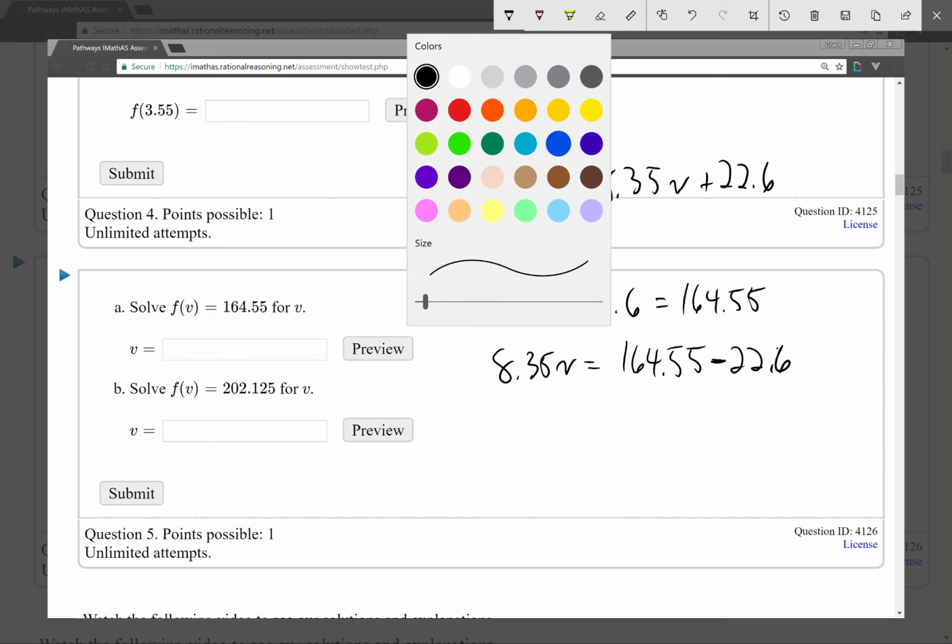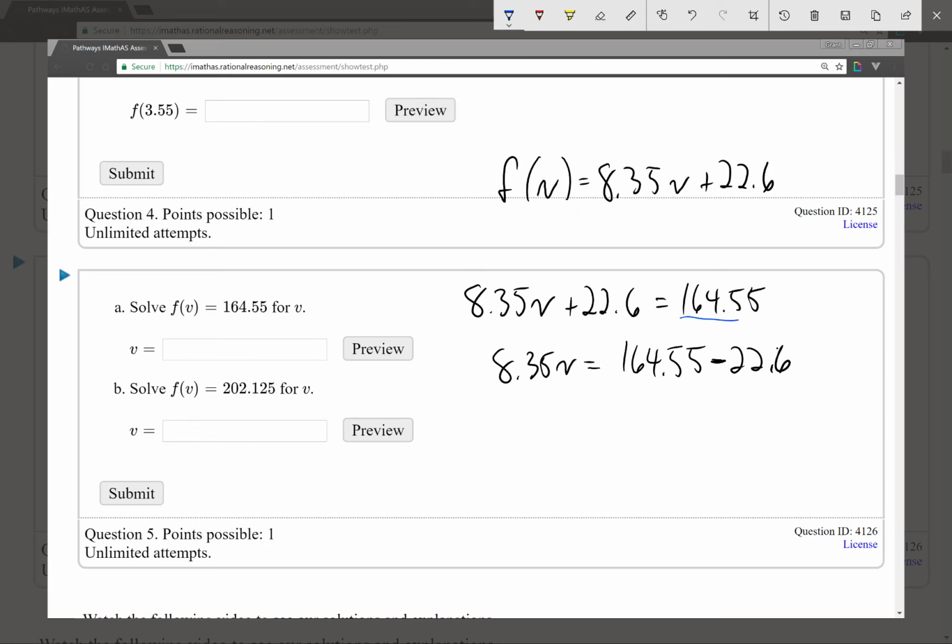And recall that this 164.55 is an output of f, so it represents a weight of tank and water in pounds. So if we take the total weight in pounds and we subtract off the weight of the tank, this right here represents the weight of the water in pounds. Next, we can divide by 8.35.